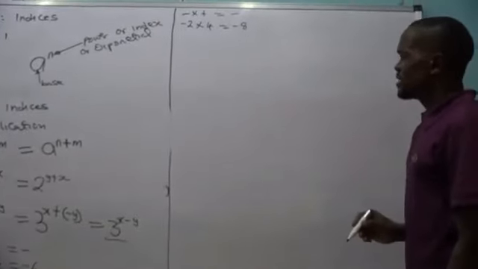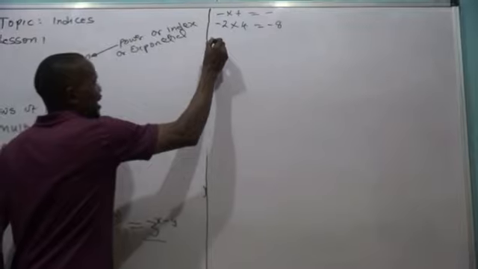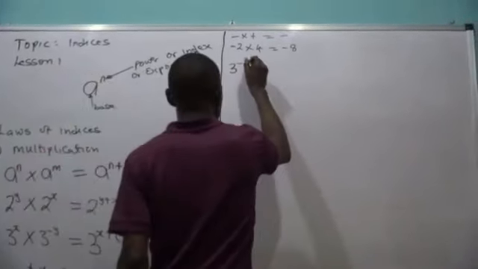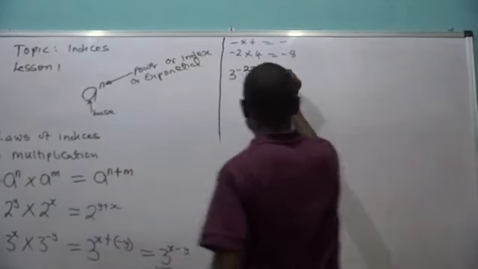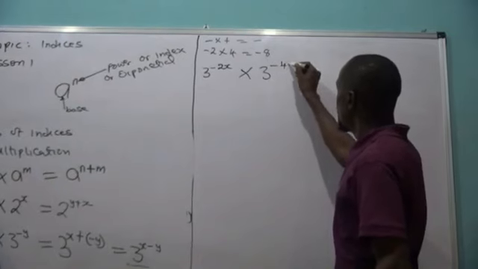Let us look at another example. I have this example again: 3 raised to power minus 2x times 3 raised to power minus 4x.